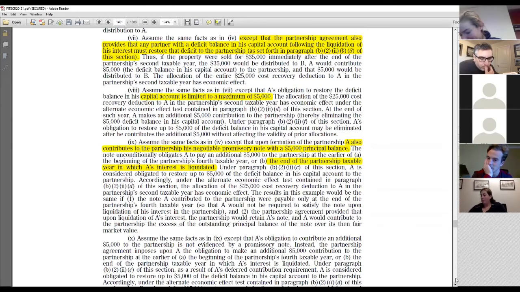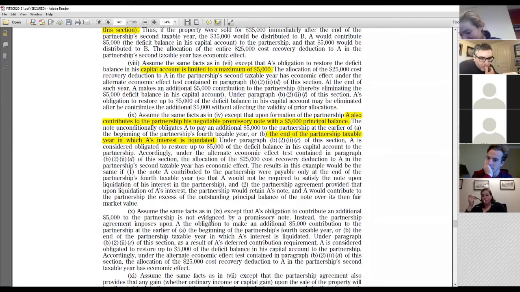Here, same facts as in 9, where we have the promissory note, except that instead of A writing a promissory note to the partnership, the agreement just says, A, you're going to have to make an additional 5,000 contribution to the partnership, by the earlier of the partnership's 4th year or when your interest is liquidated.